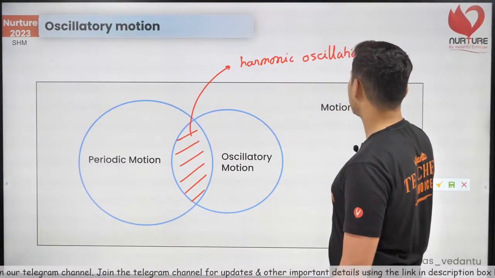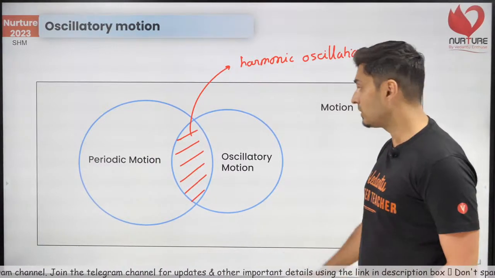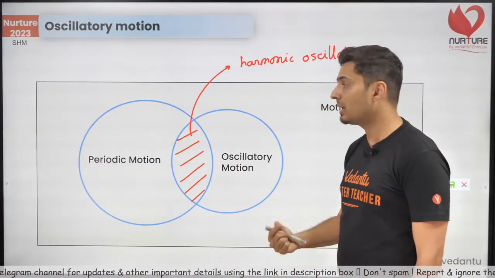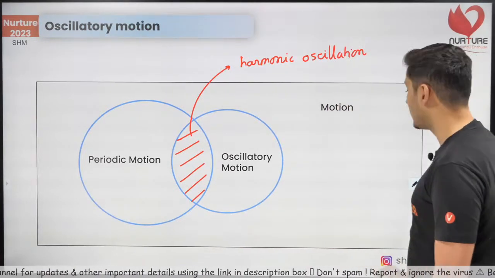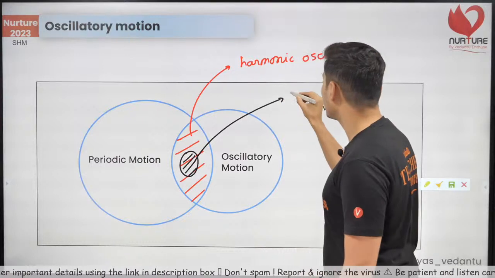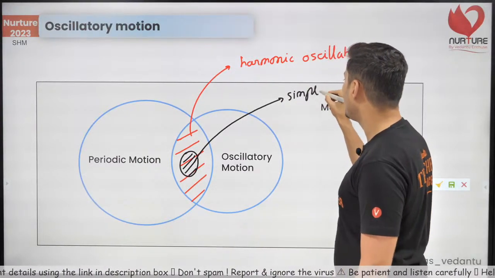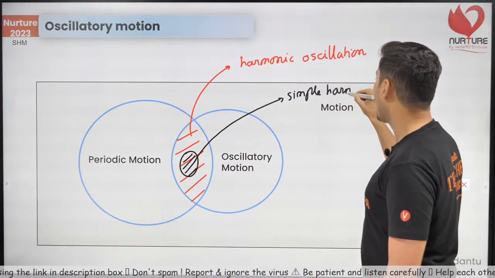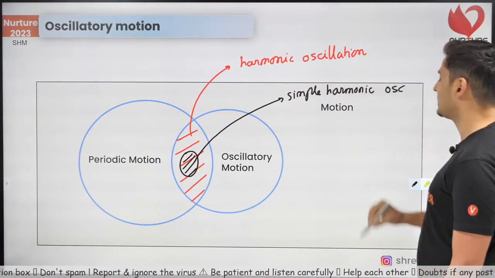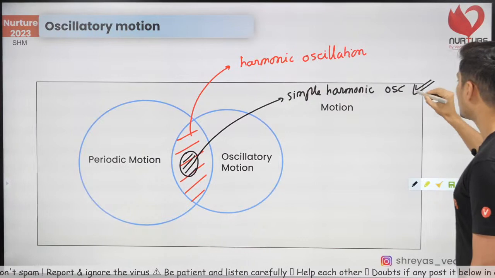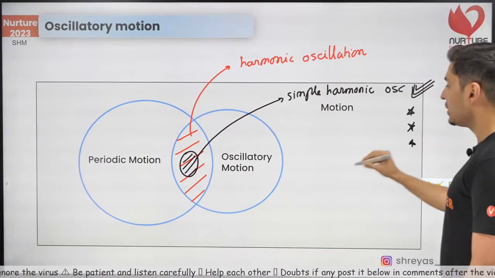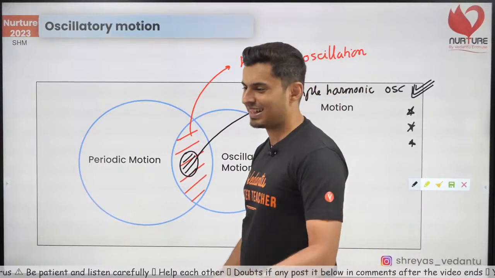That's the name of the intersection. They are periodic and oscillatory. A special subset of that one is called simple harmonic oscillation or simple harmonic motion, whatever you want to call it. This is what we are going to study in detail, and there are some conditions for it to be simple harmonic motion.